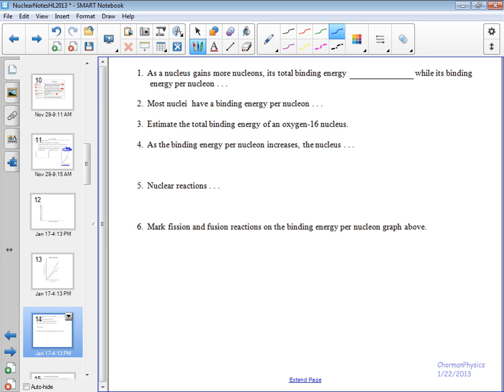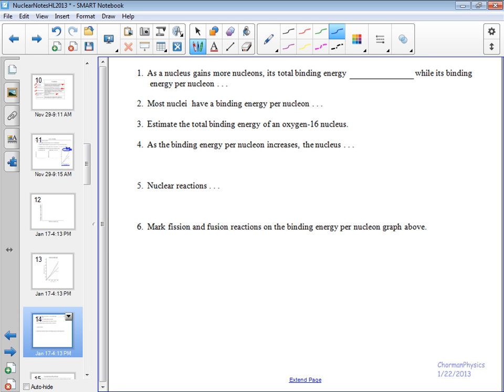In fact, there's mass that goes missing, and that missing mass is mass that we consider to have been converted to energy. That energy is what we call binding energy. It's the energy that has been released so that these nucleons can stick together.